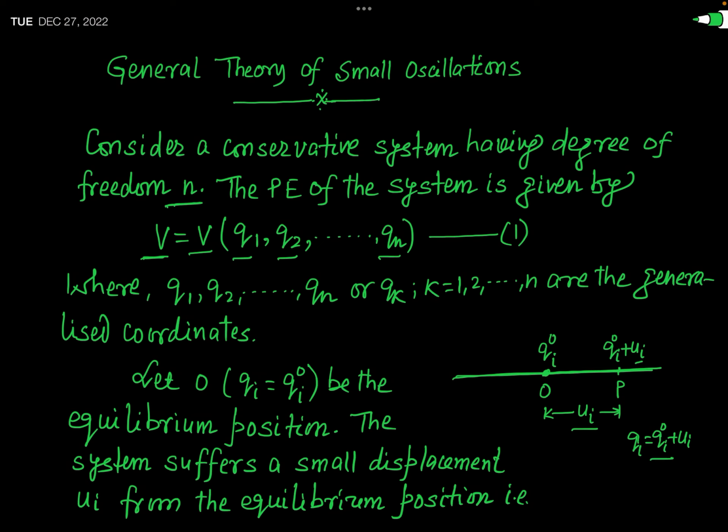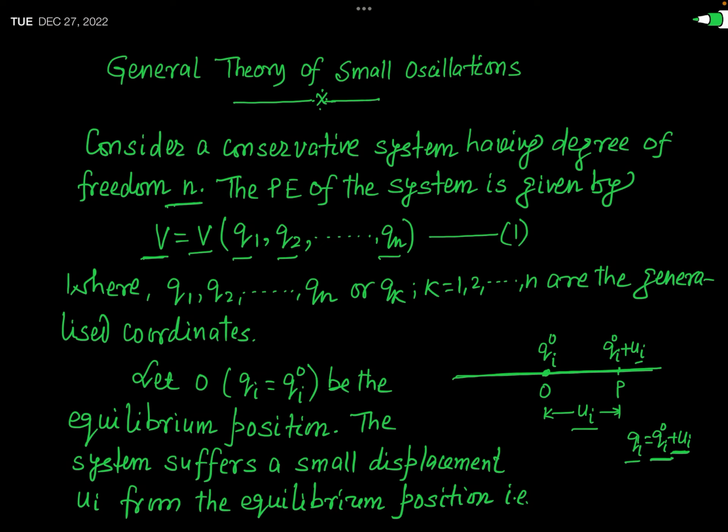Since qi0 is the coordinate of the equilibrium position, this is a fixed quantity, and that's why we can treat this ui, which is actually the small displacement of our particle or the system from the equilibrium position, as the generalized coordinate. Okay. So instead of qi, we can treat this ui as a generalized coordinate.